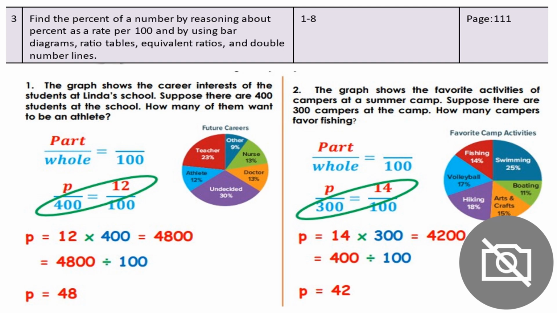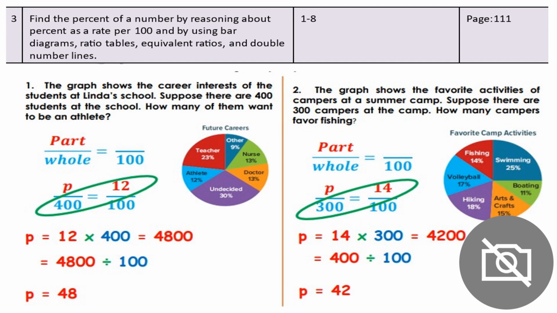So there are 400 students, so in 100, 12 wanted to be athlete. In 400 how many wanted to be athlete? Just like cross multiply, 400 you multiply by 12, you will get 4800, then you divide by 100, that is 4800 divided by 100 is 48.